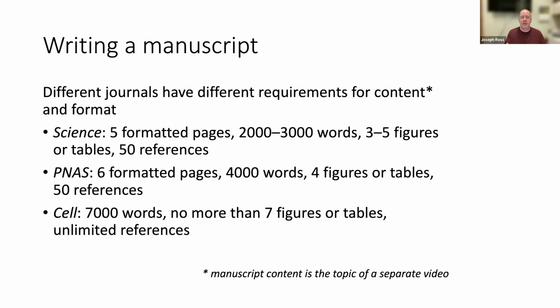But the point of Science and Nature and the way they format their papers is they're very condensed and easy to read, but typically only if you're an expert in the field already, because there are so few references, there's not enough space for the authors to fully explain the background and the introduction of what they're doing. Now, PNAS is a little bit longer at 6 formatted pages and 4,000 words, still with a limitation on figures or tables and references.